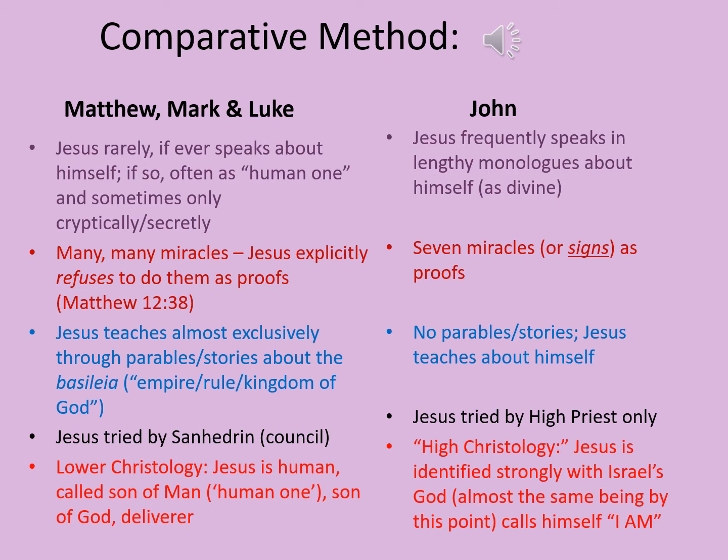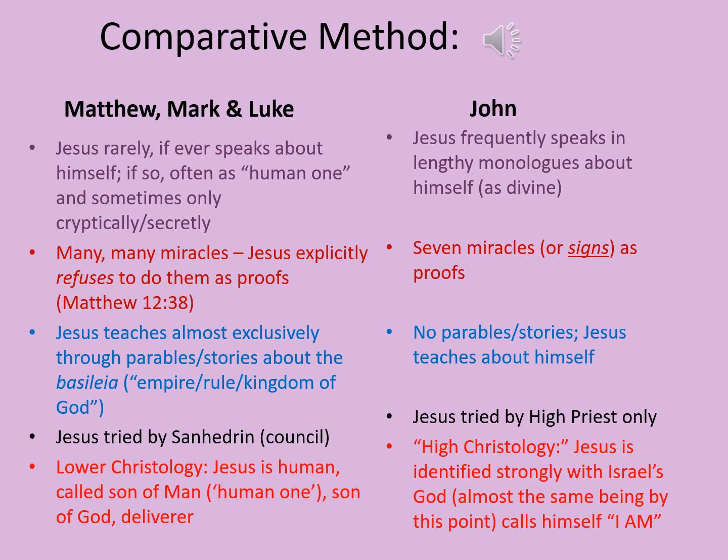Almost to the point of being the same being as that God, and he even uses the name I am for himself. So he uses the name of God for himself. So that makes some people think that John is an example of a real turning point in early Christianity, because John is starting to look more like the way Christianity turned out.